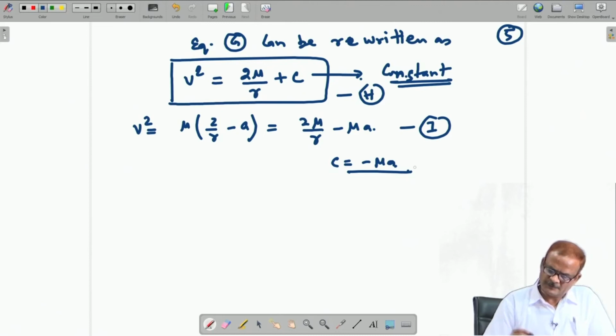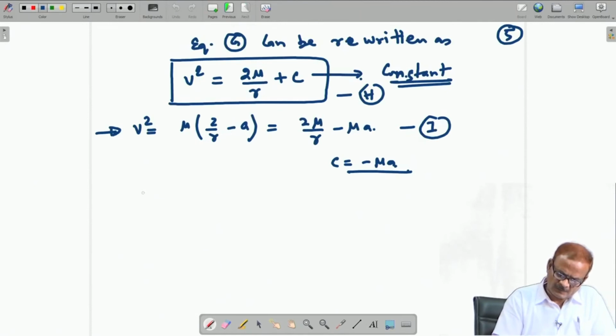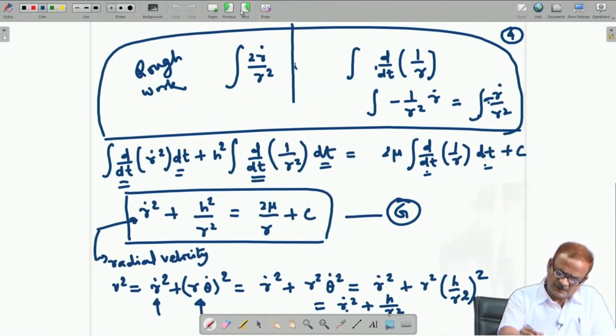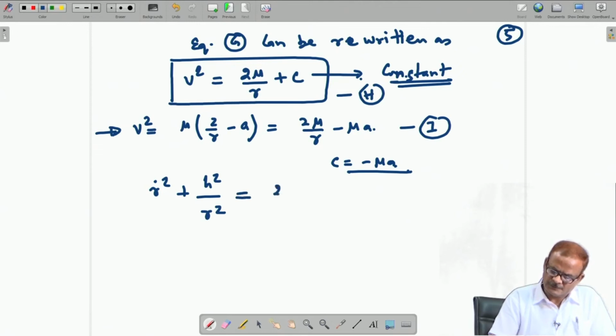So, therefore, we have now, if we use this equation, we can start at this stage itself. Now pick up from this place: r dot square plus h square by r square equals 2 mu by r and c equal to minus mu by a.